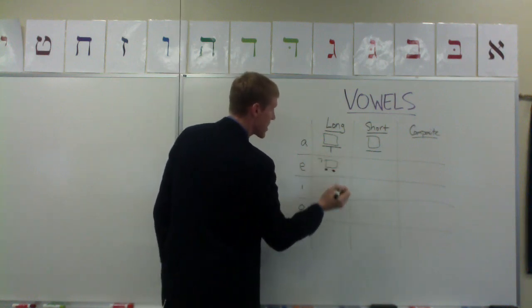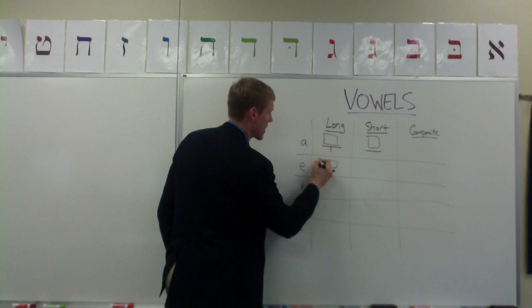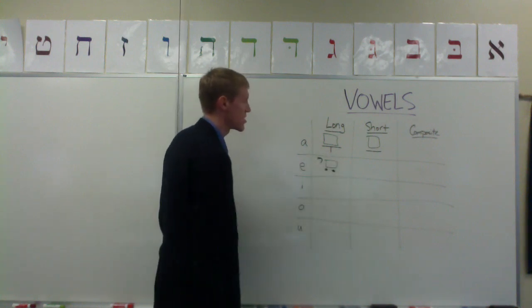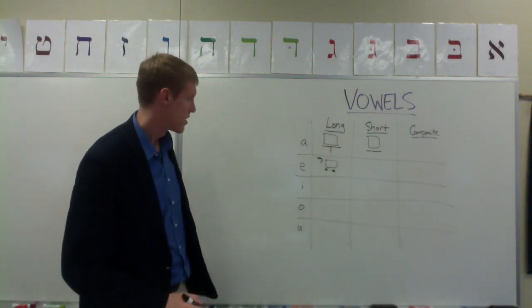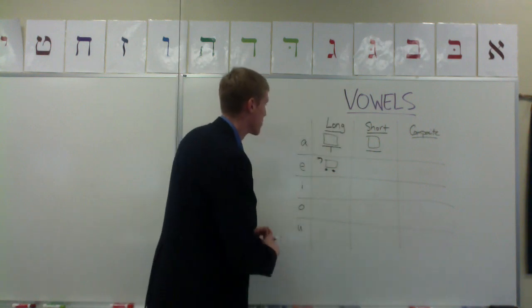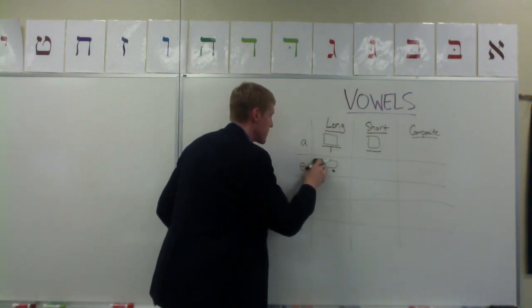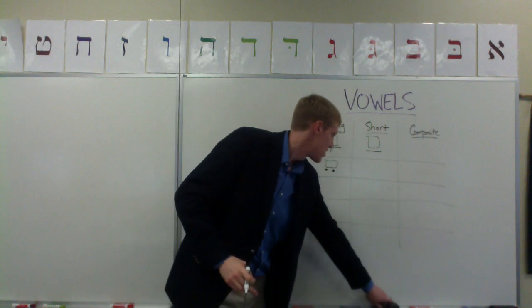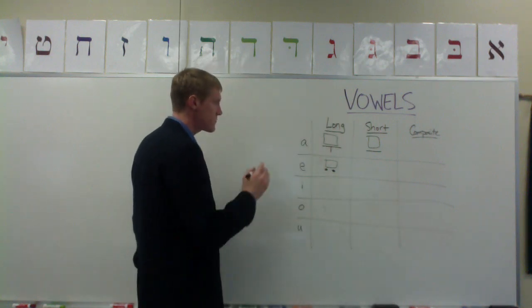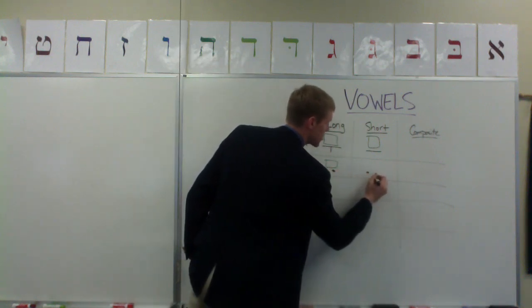Sometimes it's a tsere yod, which is also a long version. But generally, in the charts, you'll see just a tsere. And the short is called a segol.